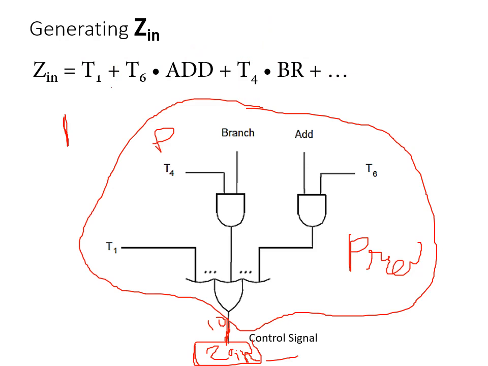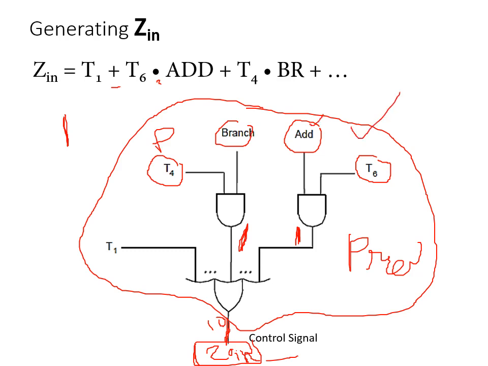Here plus means OR, dot means AND, correct? If it is an add instruction and it is the 6th clock cycle, then only the signal must be 1. If it is a branch instruction and it is exactly the 4th clock cycle of the branch instruction, then only it should be 1, because I am designing a hardwired control for ZIN.